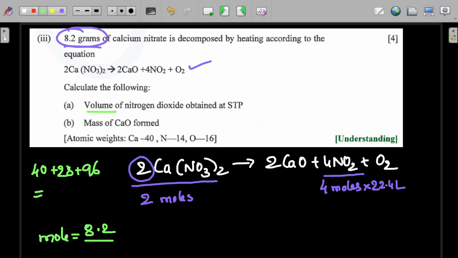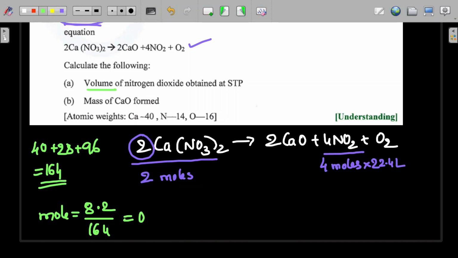Okay, now add this, 96, 124, 164. Correct? 164. So 8.2 divided by 164 will be how much? 0.05.